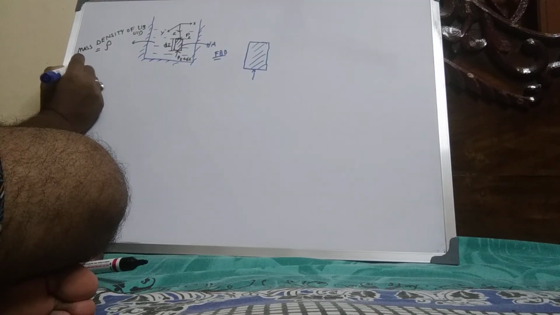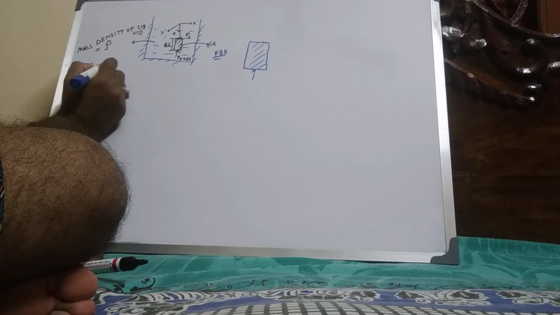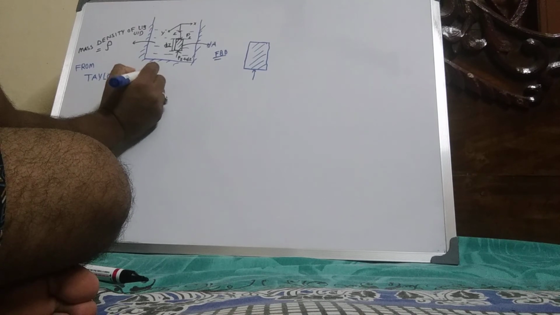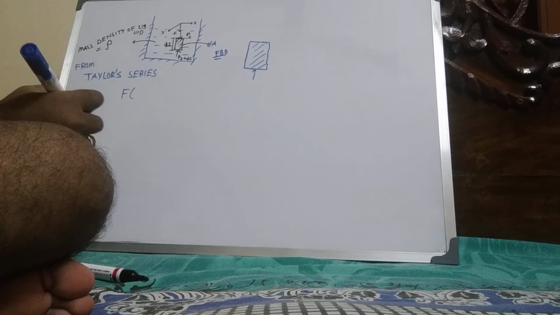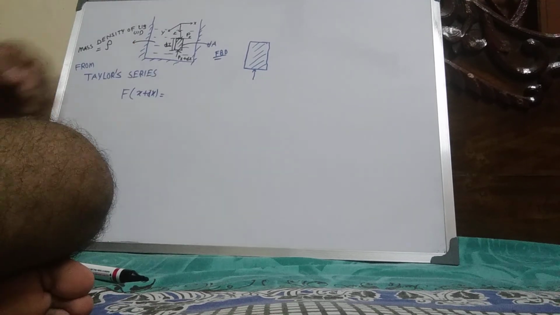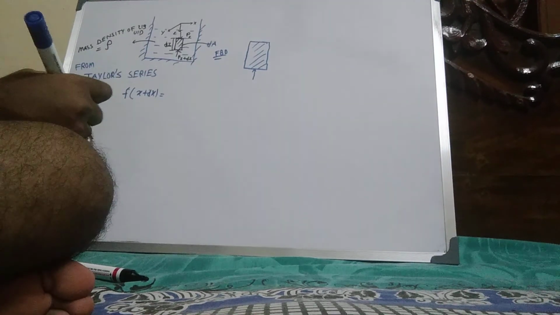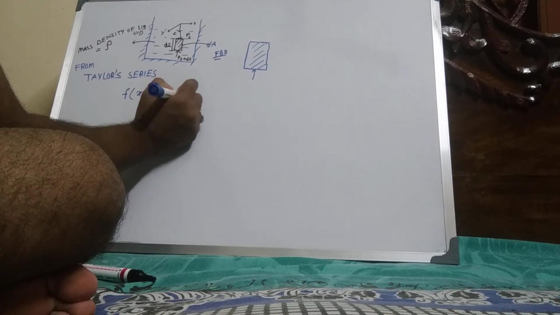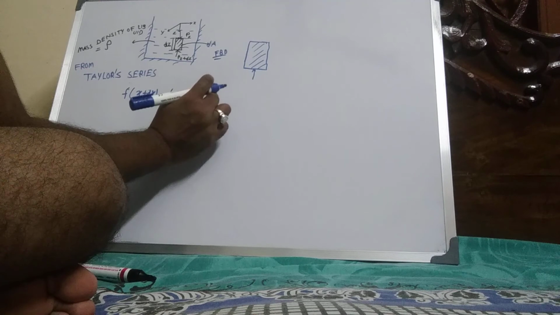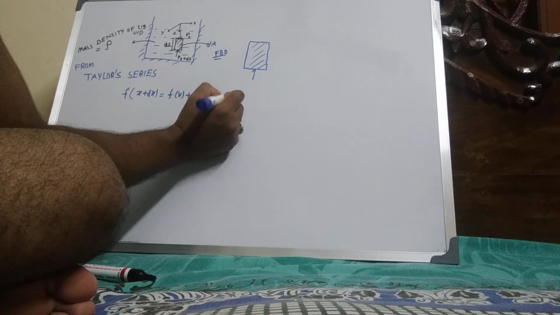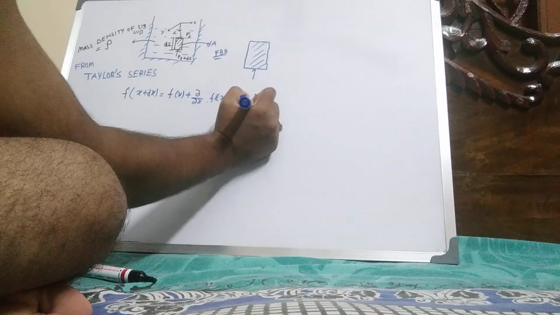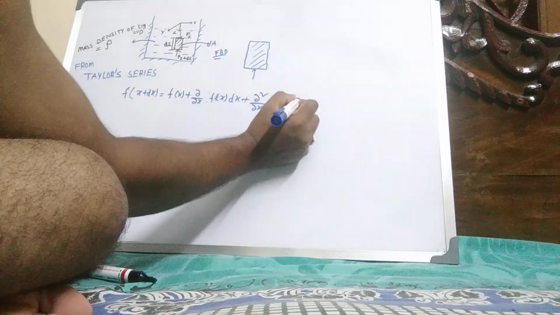From the Taylor series, f(x plus dx) equals f(x) plus the derivative of f times dx, plus higher-order terms in delta x squared.